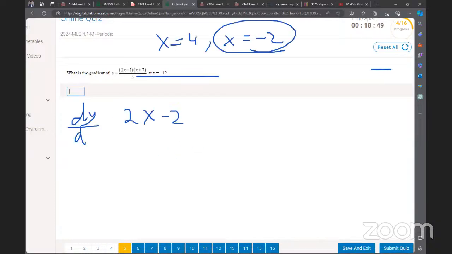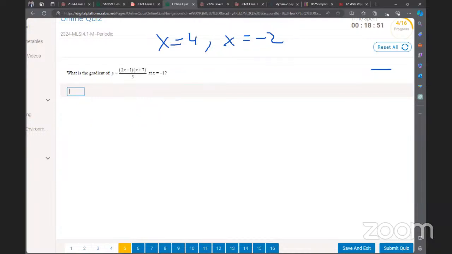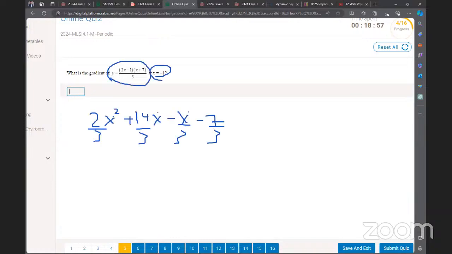Okay, you can. I will put back. Now substitute x by -1 and tell me what the answer will be. And sir, can you repeat what you did here? All I did here, I need to get the gradient, which means I have to differentiate this equation.